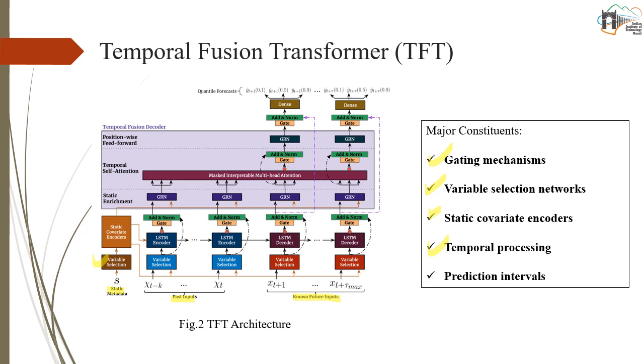Additionally, it has a novel interpretable multi-head attention block to capture these long-term dependencies that you can see in the figure. And this attention mechanism allows the model to effectively capture these temporal patterns and dependencies that span across multiple time steps.